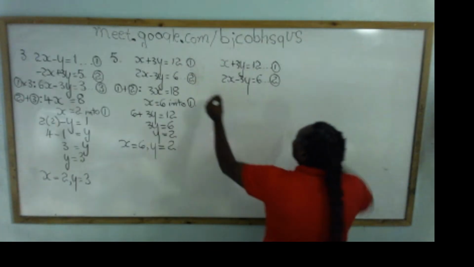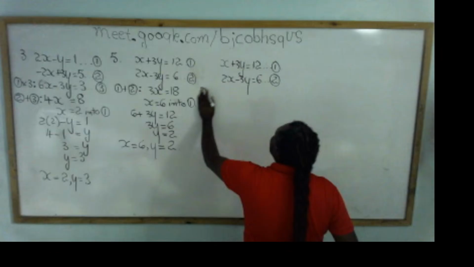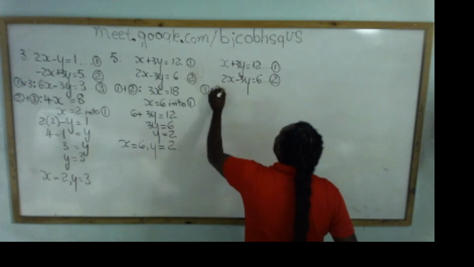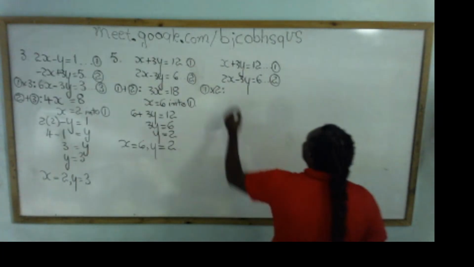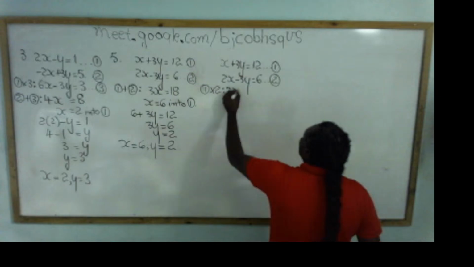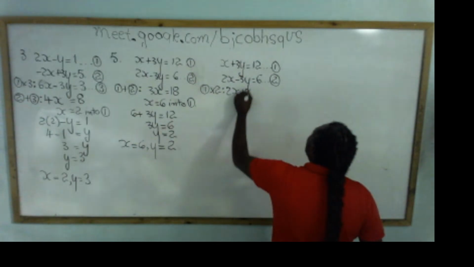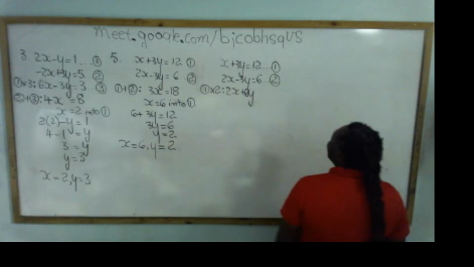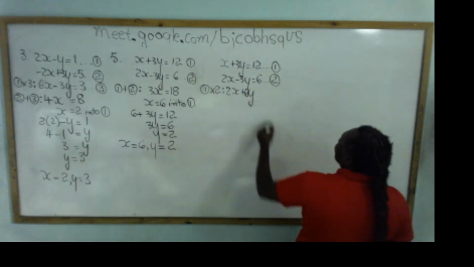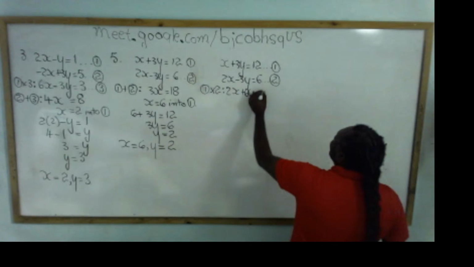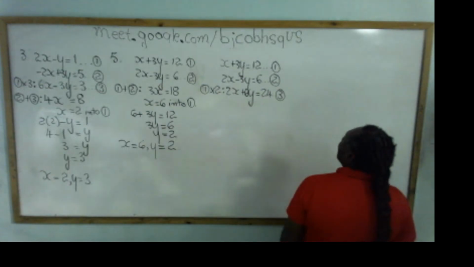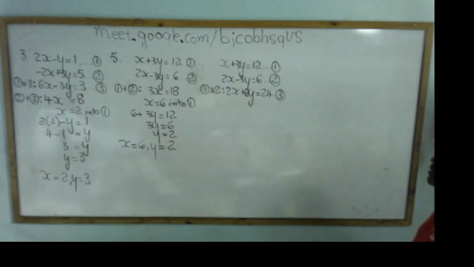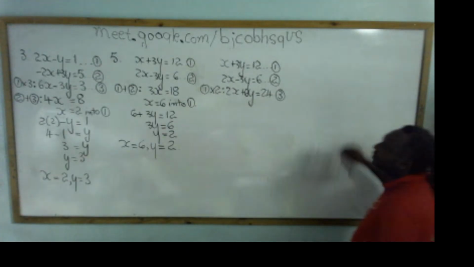So equation 1 multiplied by 2, what do we have? 2x plus 6y is equal to 24, and that's equation 3.